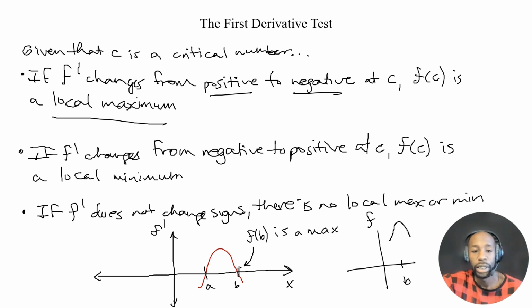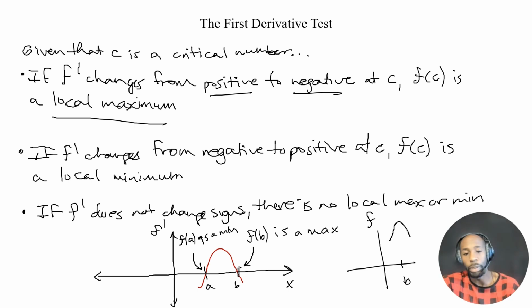And similarly, right here, if the derivative changes from negative to positive, it's negative when it's under the x-axis, and then it goes positive. Then that means f, the original function, at that point is a minimum.